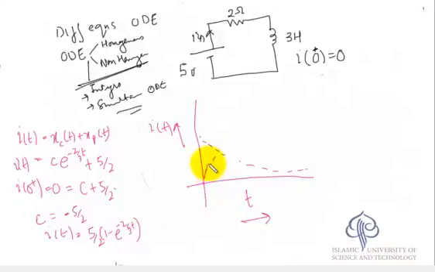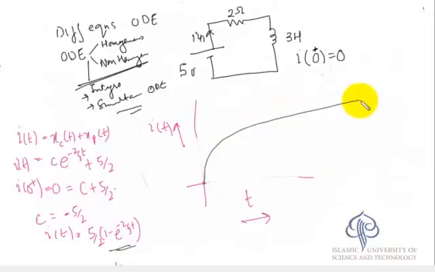That's what we are doing. We have to plot 1 minus e to the power minus 2 by 3 t. So it is going to have a shape something like this, right? And it's going to flatten out to a straight line after some time, and this is how the current is going to rise.